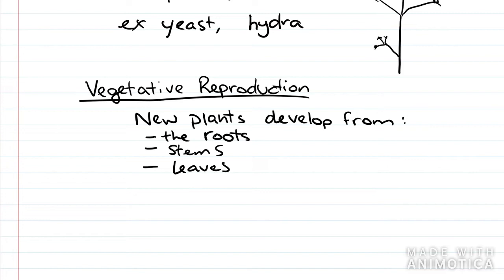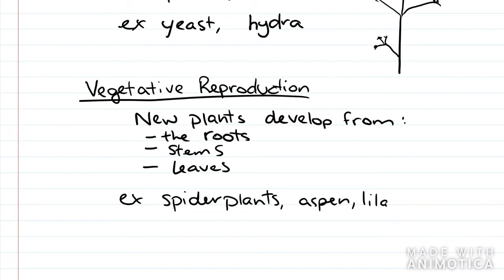And so this is things like spider plants, aspen, lilacs, daffodils, and even potatoes.